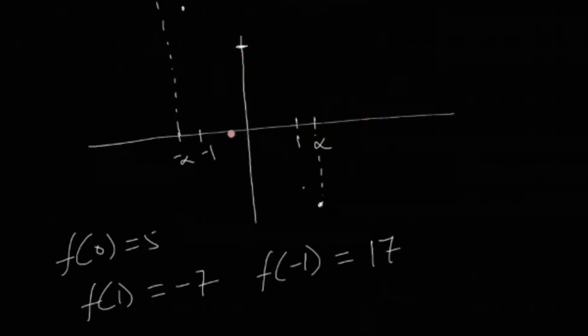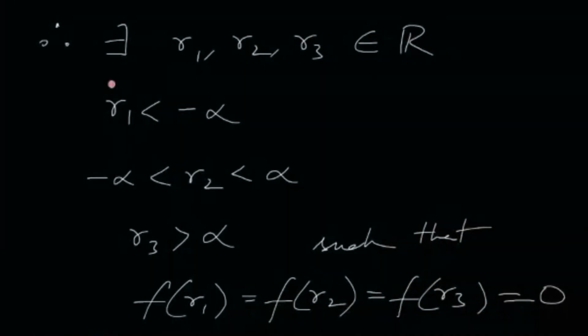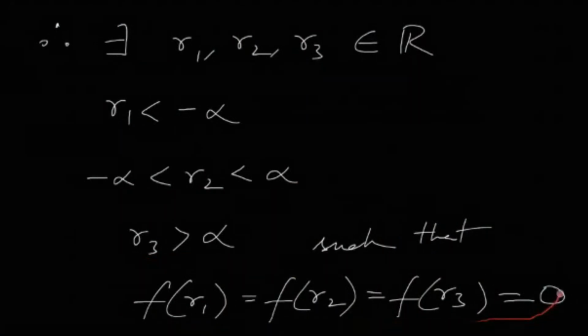Therefore the function cuts the x-axis between minus alpha and alpha, and again after alpha. So there are actually three roots. Therefore there exist real numbers r1, r2, r3, where r1 is less than minus alpha, r2 lies between minus alpha and alpha, and r3 is greater than alpha, such that all of them yield 0 when put into the function.